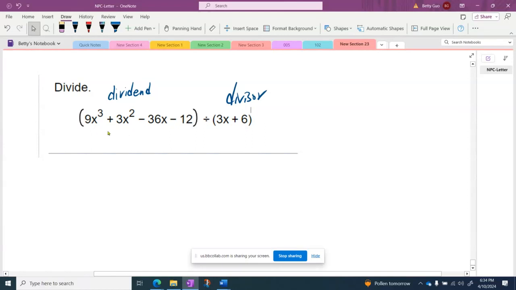And we need to make sure both the dividend and the divisor are written in standard form. Look at the dividend. Degree is 3, and then we have 3, 2, 1, 0. And the divisor degree is 1. We have 1, a constant. Are those two polynomials, the dividend and the divisor, already in standard form?